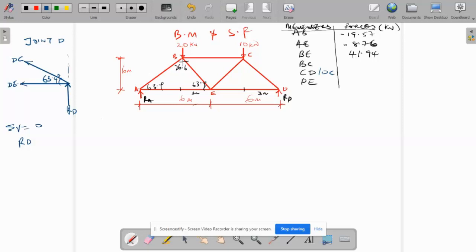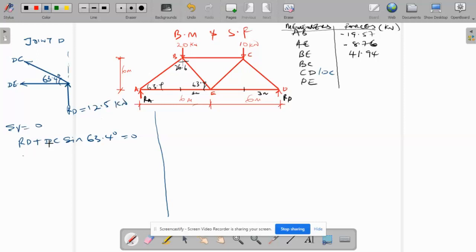We should have plus DC sine 63.4 degrees equal to 0. Let's split this. Remember that RD, we got it initially as 12.5 kilonewton.